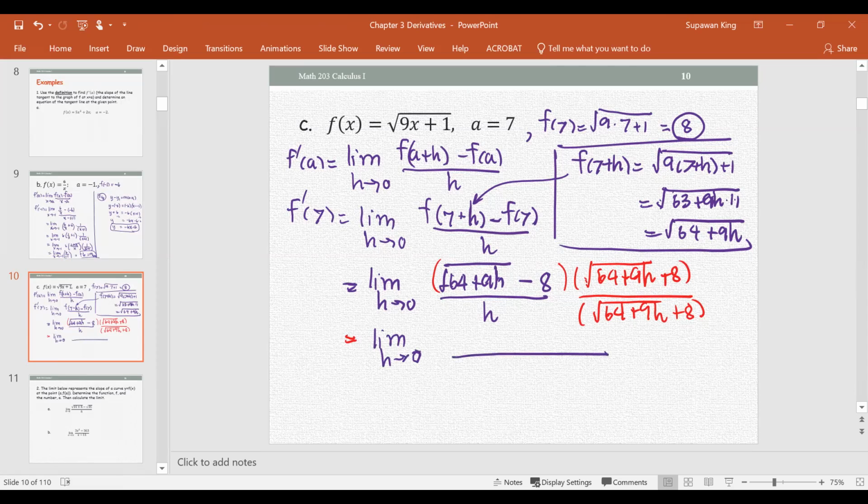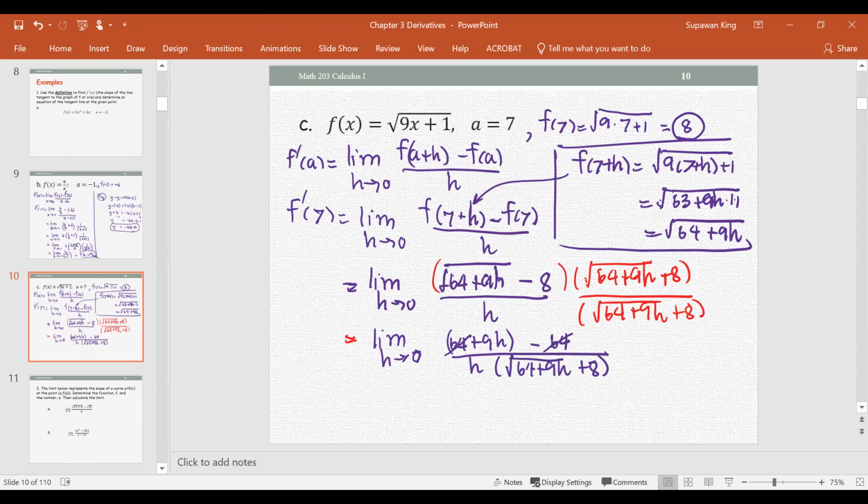The numerator is 64 plus 9h, which is from squaring the square root. Squaring and square root take care of each other. 8 times 8 is 64. And the denominator is the product of h and the square root of 64 plus 9h plus 8.